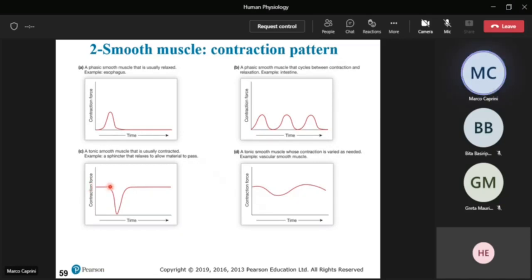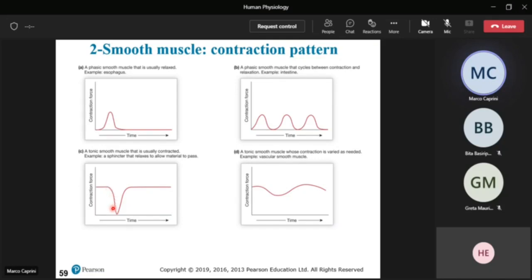the muscle. The sphincter, for example. We know from human anatomy that we have muscles called sphincters that go to a relaxed state, and the material can move through the organ because the smooth muscle cells are relaxed.